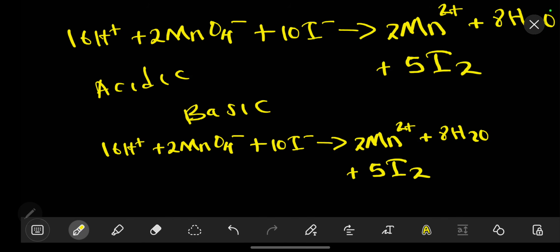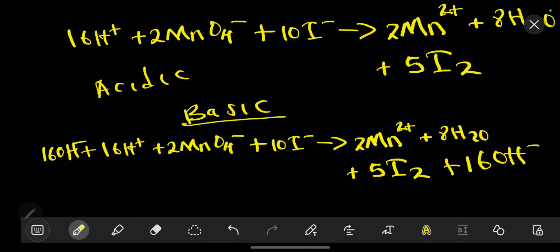So to get basic from here, all we have to do is look at the number of hydrogen ions that you have. These are the same number of hydroxides that you add. So you add 16 hydroxides on both sides so that your equation stays true.